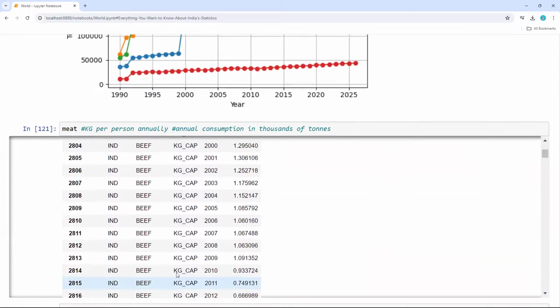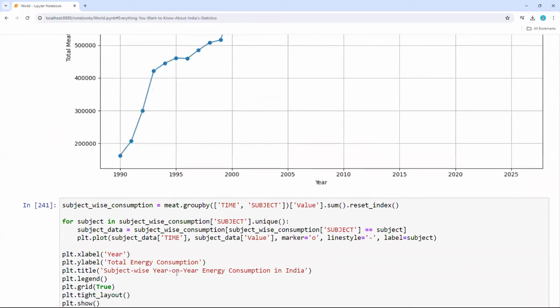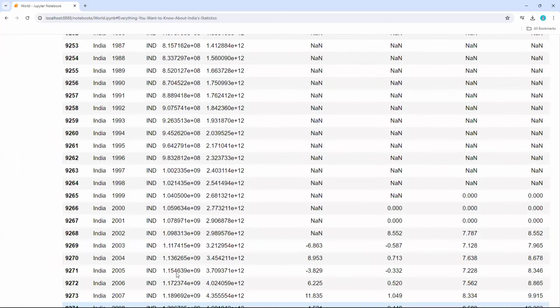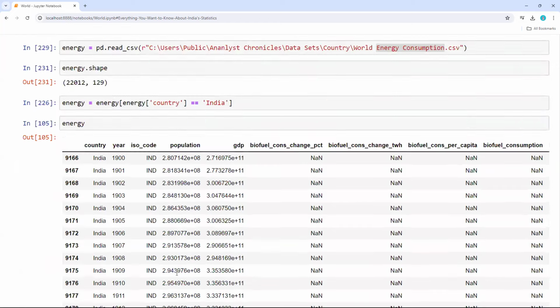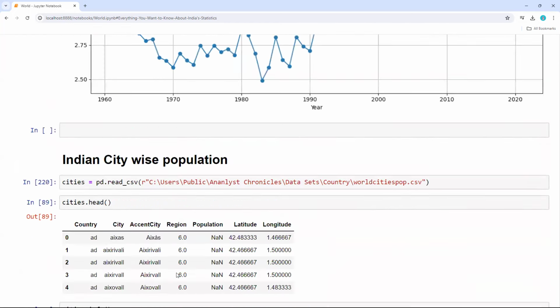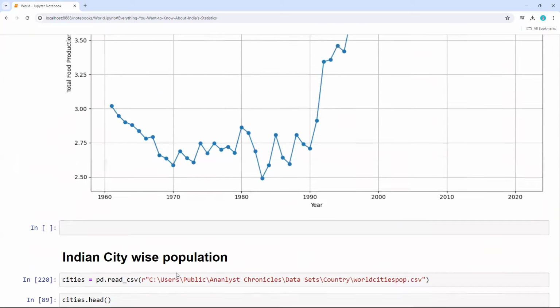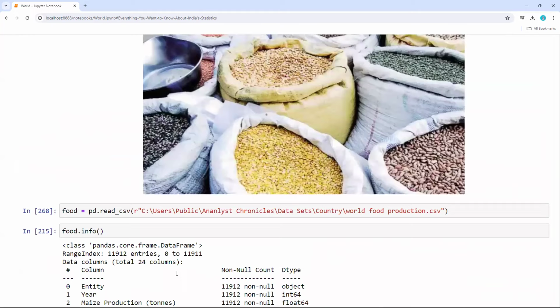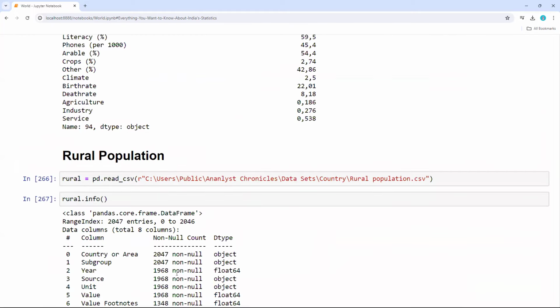And also the meat consumption in India, energy consumption in India, Indian city-wise population, rural and urban population, and food grain production. So we have covered everything.